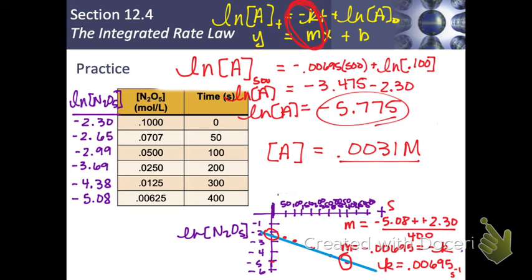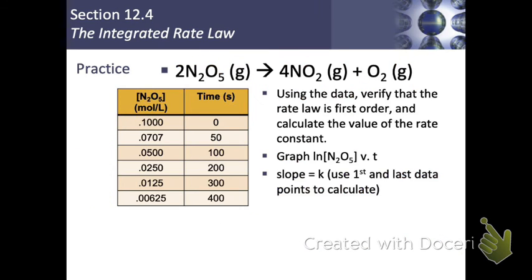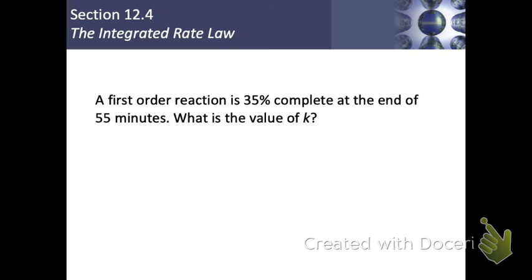Okay, this one says a first order reaction is 35% complete at the end of 55 minutes. What's the value of K? What's the value of our rate constant? So this one is a little bit different. We don't know anything about its initial concentrations.